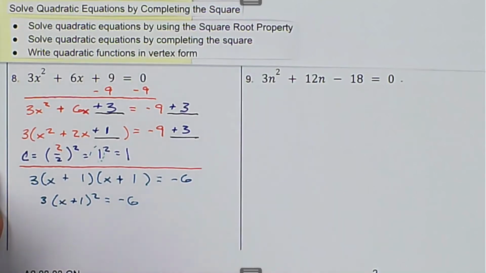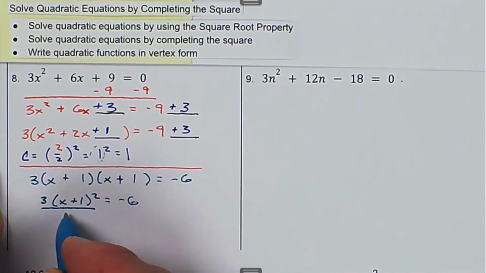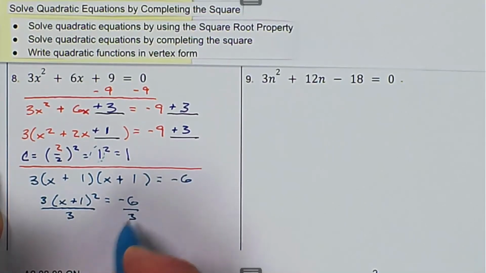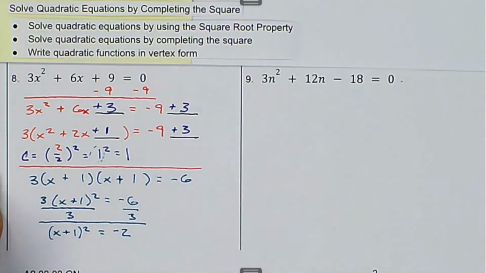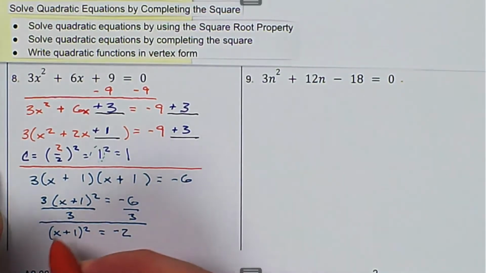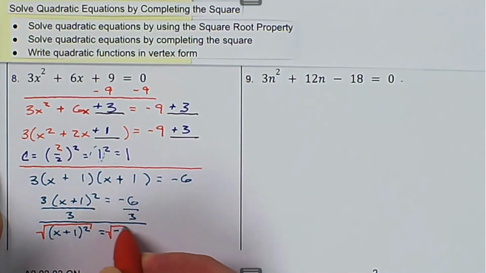From here, we want to solve to get x by itself. So we divide both sides by 3, and then we get x plus 1 quantity squared is equal to negative 2. Then we want to take the square root of both sides of the equation.